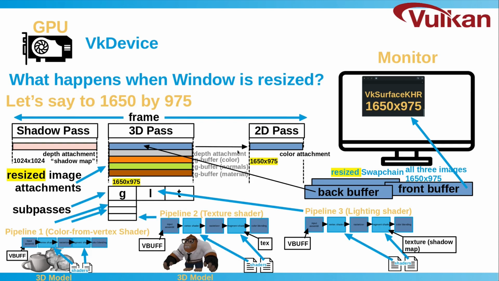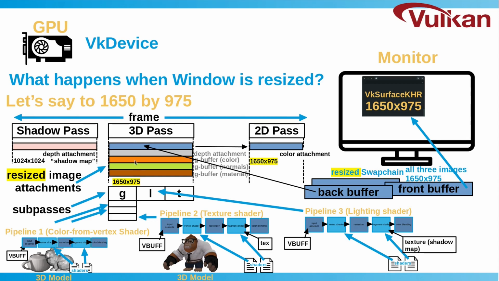Then we resize here with the new size 1650 times 975. So that means the 3 swap chain images all need to be resized.